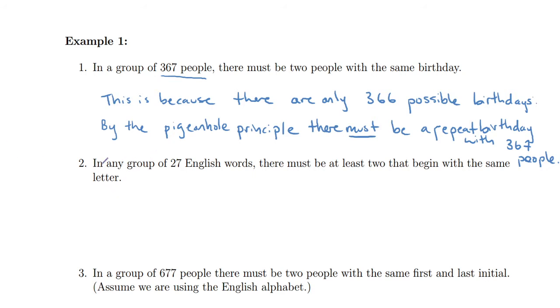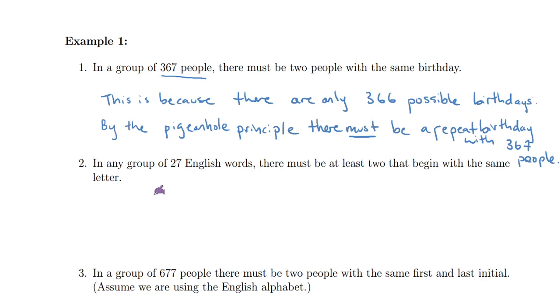Okay, so another example. In any group of 27 English words, so just give me 27 English words, there must be at least 2 that begin with the same letter. And this, again, is also by the pigeonhole principle, because there are only 26 letters in the English alphabet.